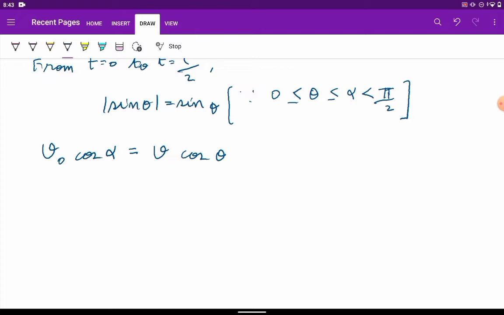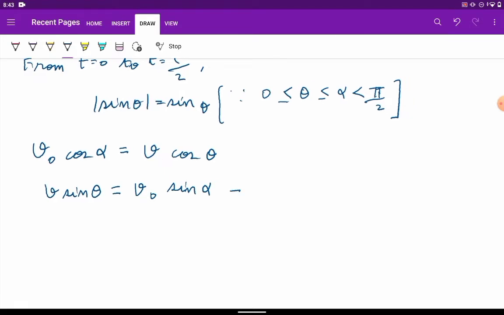Another equation would be, in the y direction, v equal to u plus at, right? So vy will be v sin theta is equal to u, which is v naught sin alpha, plus at. It will be minus gt because gravity is in the negative y direction, so minus gt.